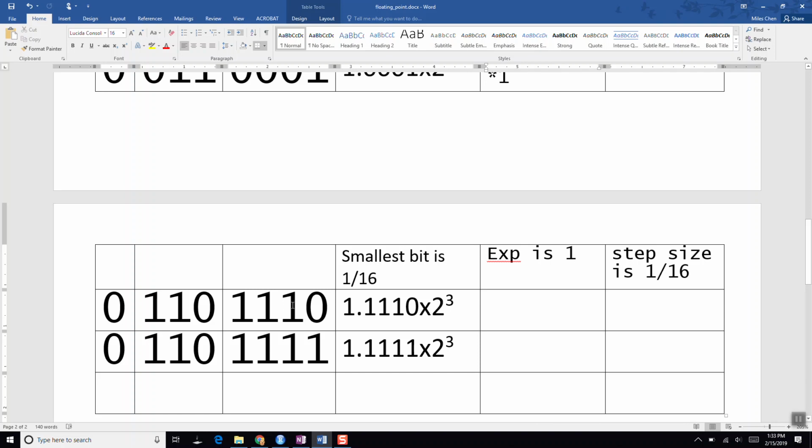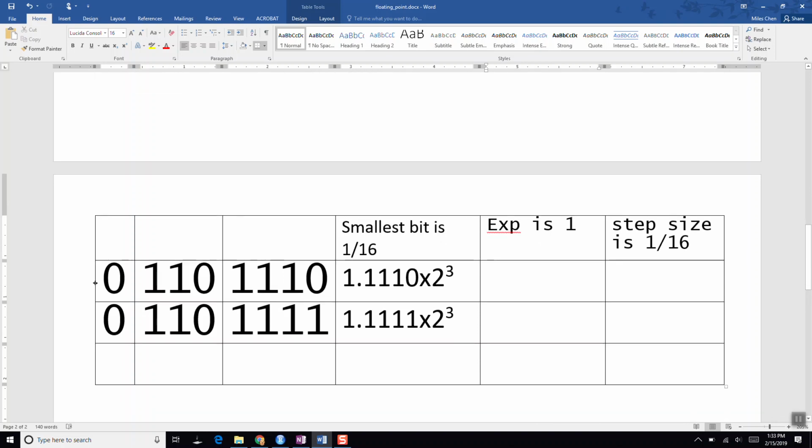And then way later, we're here, and we have 1 plus 14/16 times 8, and this gives me 15.